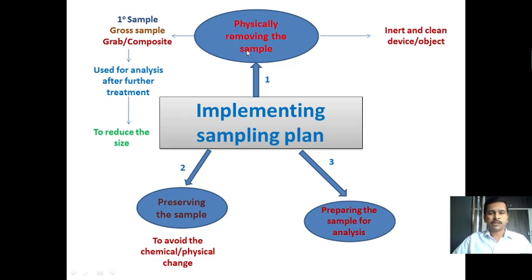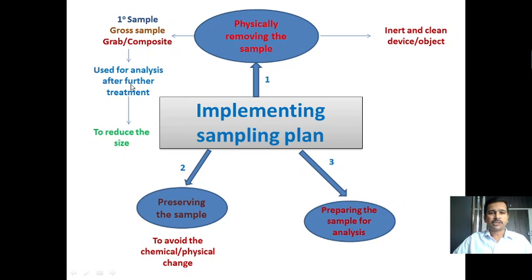And once the sample is removed from the target population, that sample is called the primary sample. This primary sample may be a grab sample, obtained by grabbing a single sample from the target population, or by pooling many grab samples into a composite sample.